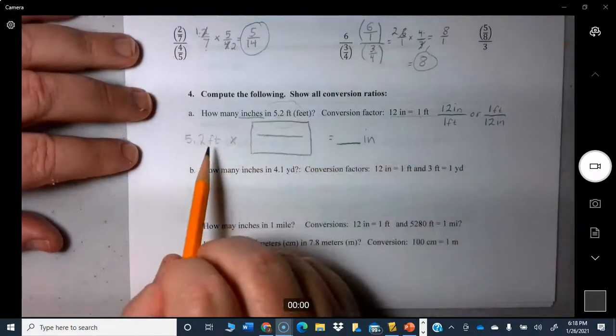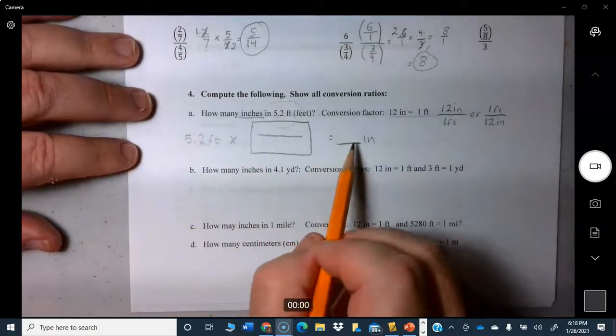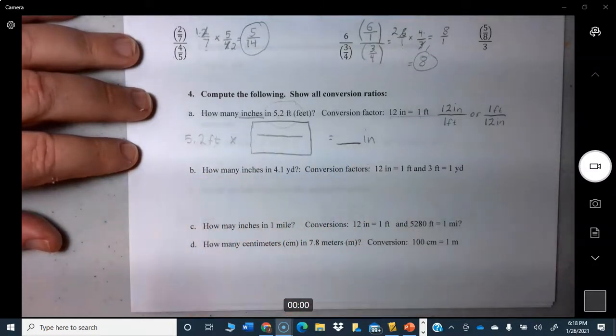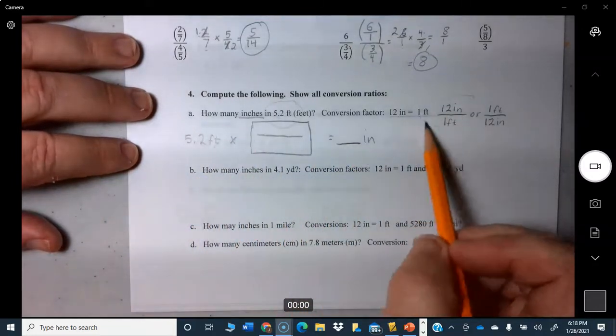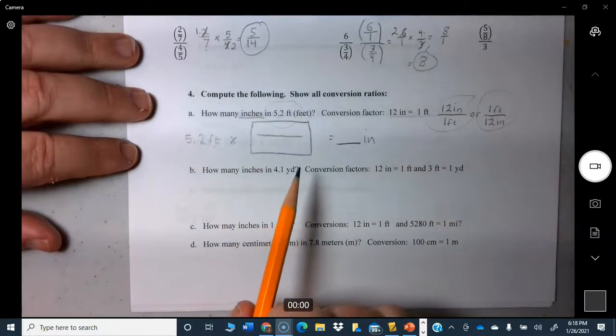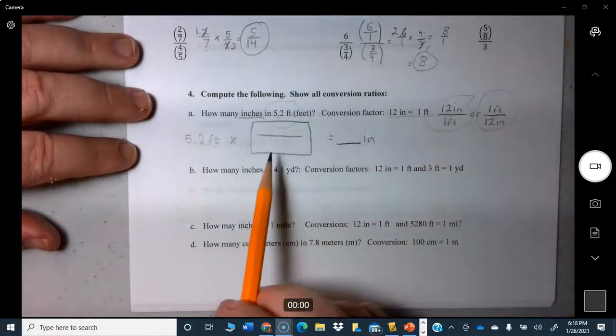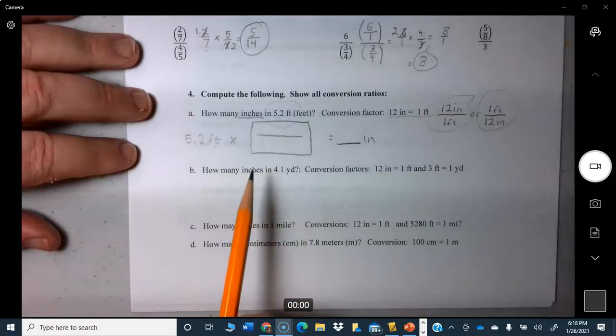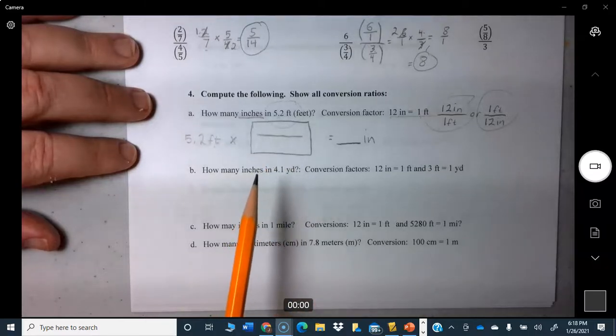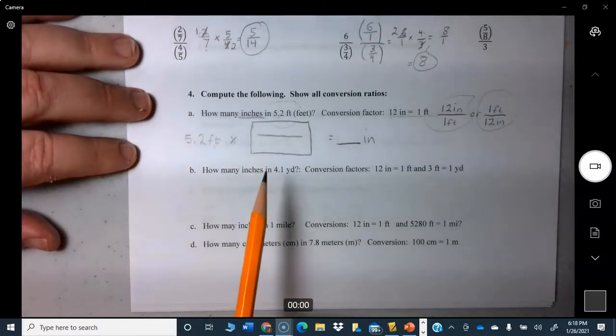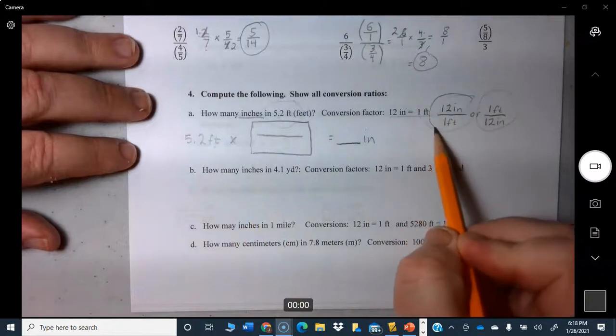I've got to fill in something that's going to get rid of feet and make inches appear in my final answer, because that's what I want. So I have 2 possible choices there. They're both true statements, but which one are you going to want to put into this box so that feet cancels out and inches appears on the top? Well, the answer is the first one.